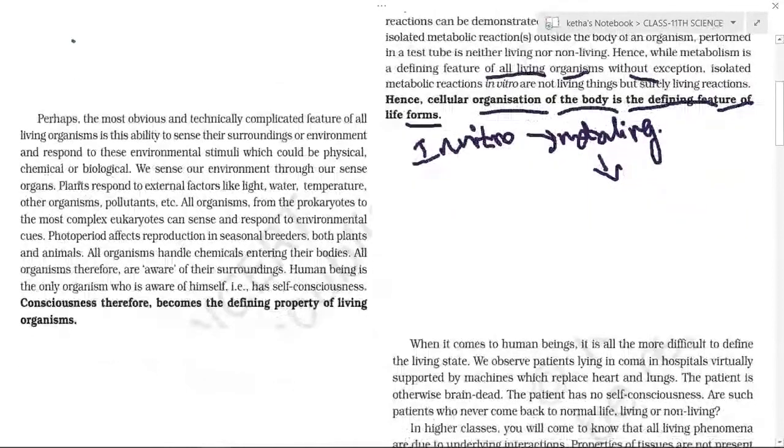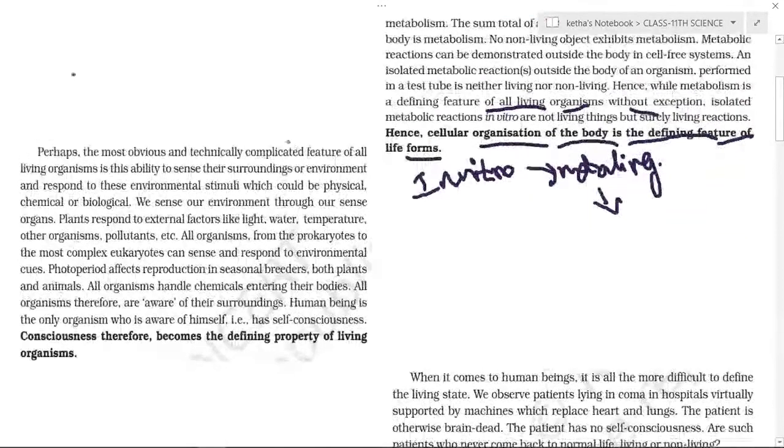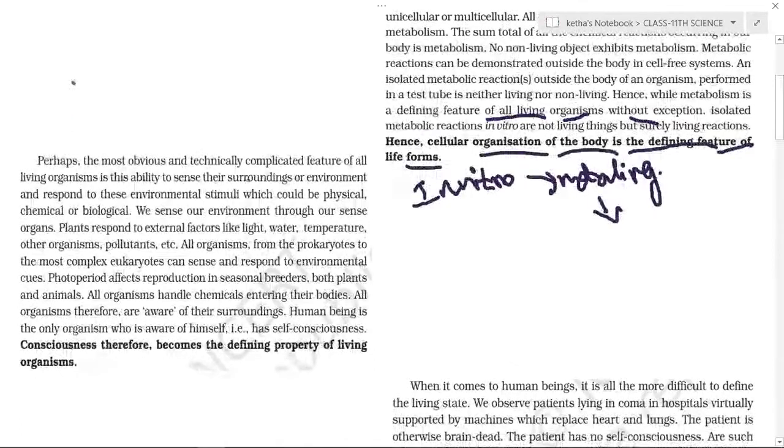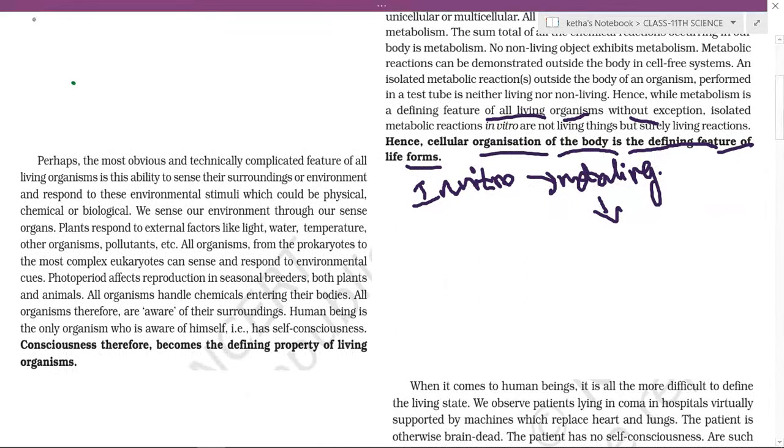Perhaps the most obvious and technically complicated feature of all living organisms is the ability to sense their surroundings or environment and respond to environmental stimuli, which could be physical, chemical, or biological.